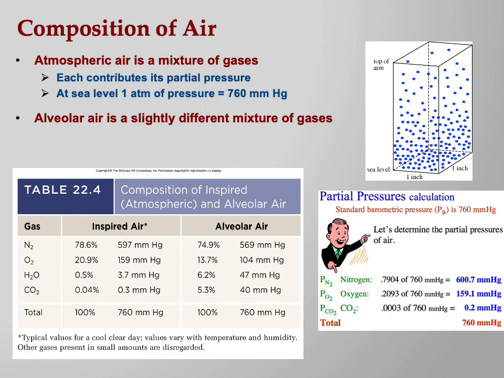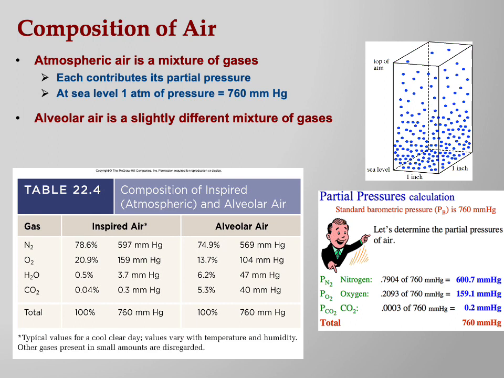Now, alveolar air is a slightly different mixture of gases, and that makes sense, doesn't it? Because you're doing gas exchange in your lungs. Remember, your cells are creating the waste product of carbon dioxide, okay? So in your lungs, when you're doing the gas exchange, the capillaries are releasing tons of CO2 into your lungs.